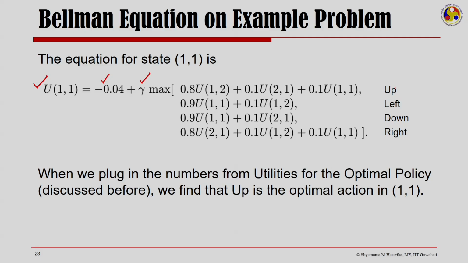I could either do an up or a left or down or right. Now, when we plug in the numbers from the utilities for the optimal policy that we have discussed before, we find that up is the optimal action in (1,1). That is what comes out very clearly for us.